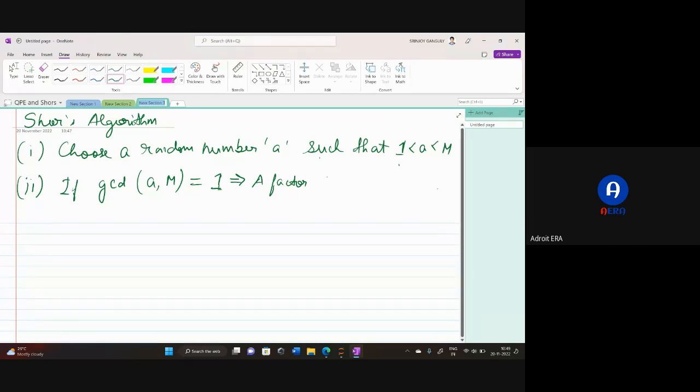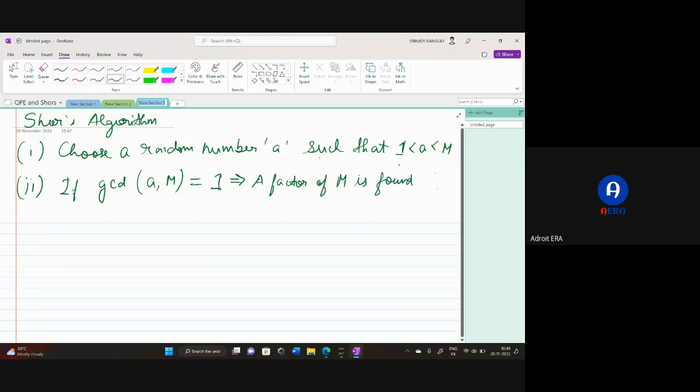What could be the primes? 15 is 5 into 3. 5 and 3 both are primes, right? So you can consider that M is equal to 15. You can take it as an example, and we are going to solve that also. So a factor of M is found.